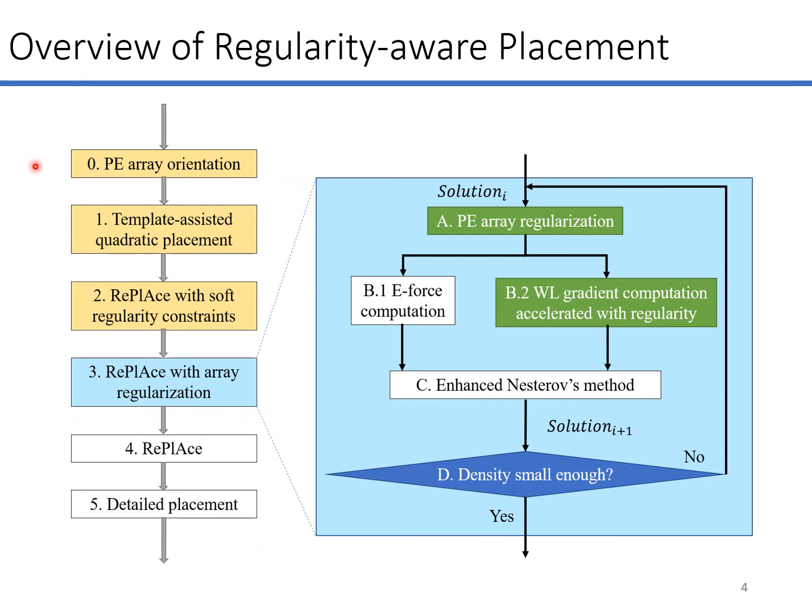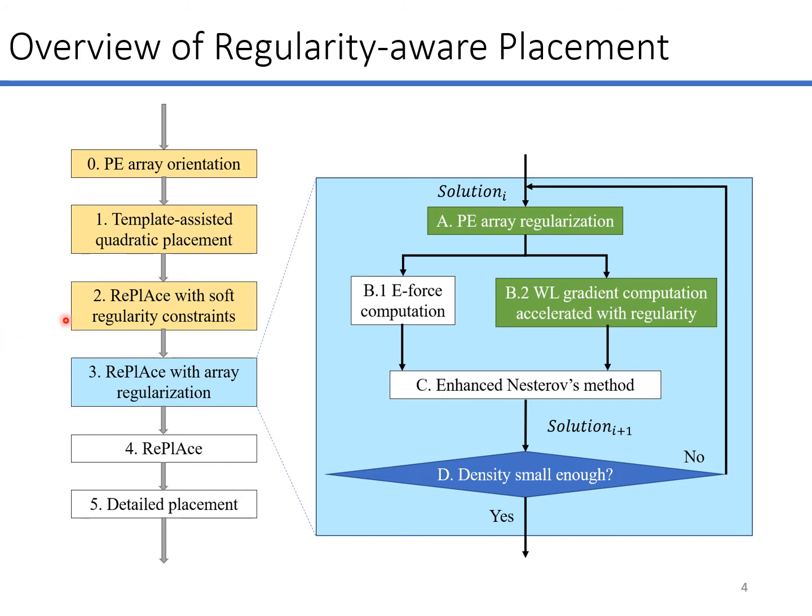In step 0, we determine the PE array orientation, and then we run step 1, template-assisted quadratic placement. The template here represents the intra-PE placement. We use this template for each PE identically and repeatedly.